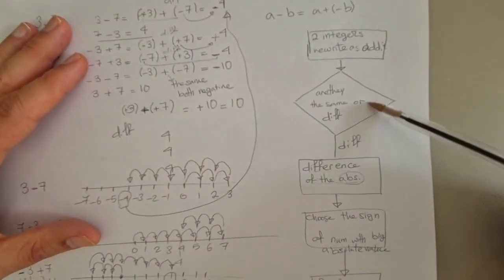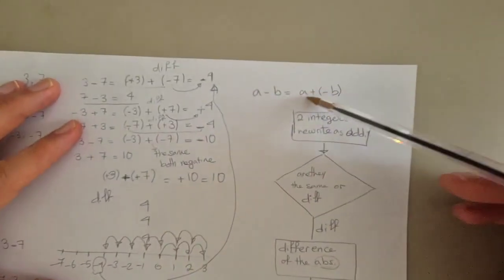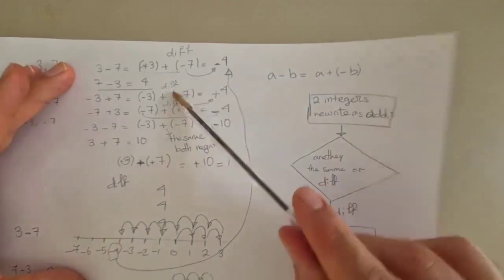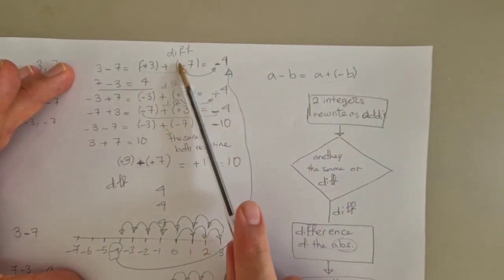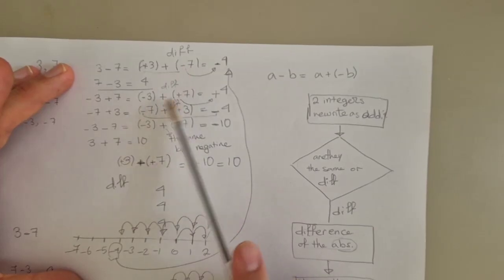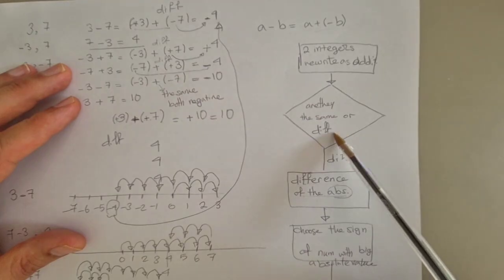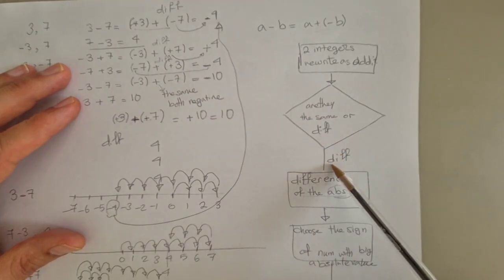Basically, as a recap, we have two integers. We rewrite them like this: addition of two integers with two signs, so that we could differentiate the two signs. Then we decide whether they're different sign or the same sign.